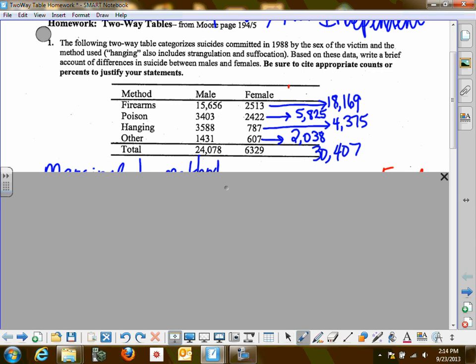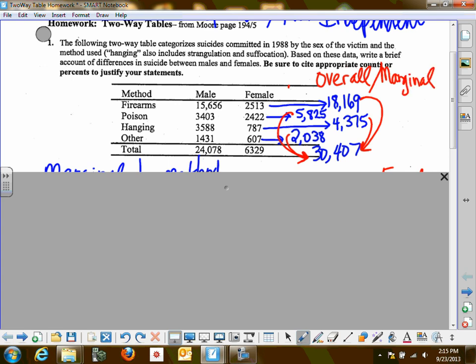In this case, I would like to pick the overall summary of the method. So I would go 18,169 divided by the total, the total for poison divided by the total, hanging divided by the main total. So this ends up giving you the overall, the marginal distribution.